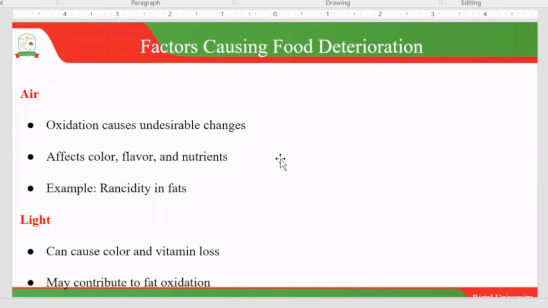For example, rancidity of fats is one of the easiest ways to see this, when foods are exposed to air and pick up oxygen.